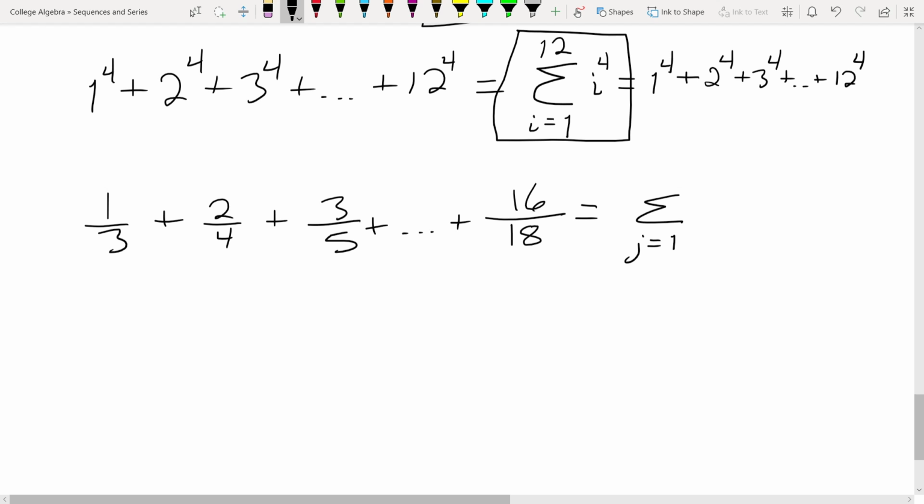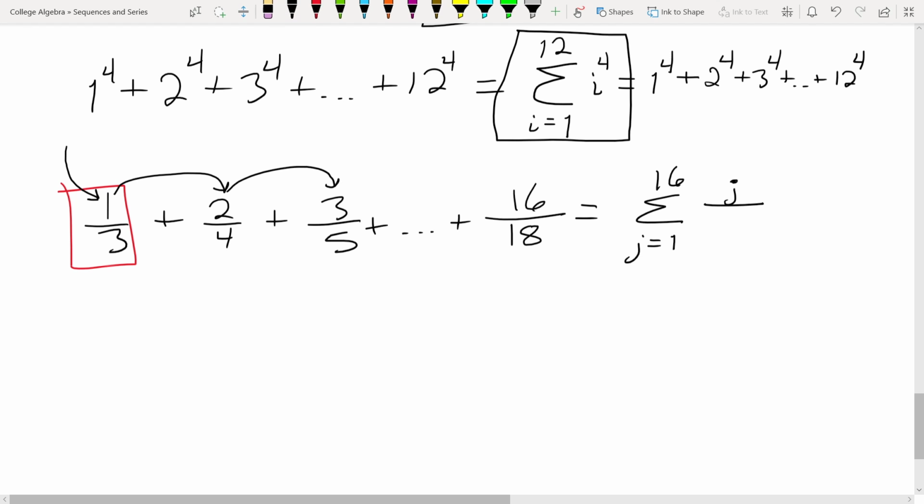Can you find the 1 that's in the first term of the series? The 1 is here on top. And we can see that 1 goes to 2, 2 goes to 3, and then it's going to go to 4, 5, 6, 7, 8, all the way on up to 16. So our starting value is 1, and our ending value is 16. So we know where our j is. The j is going to be on top of the fraction.